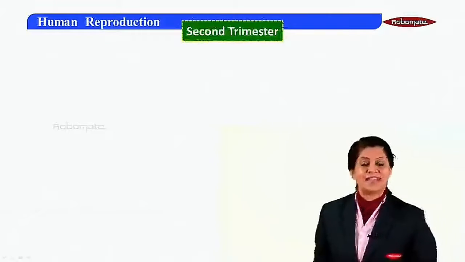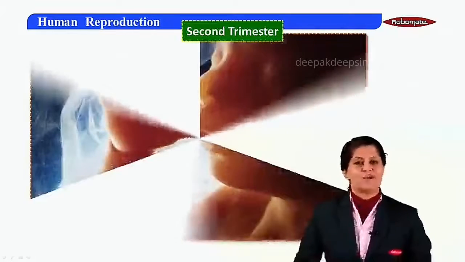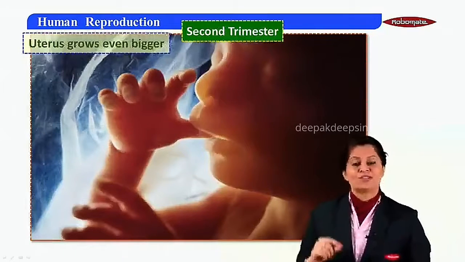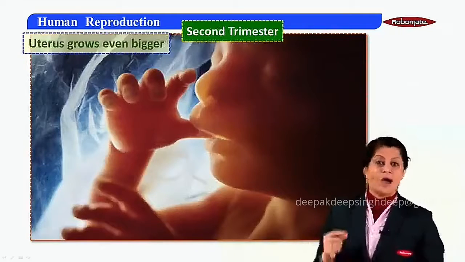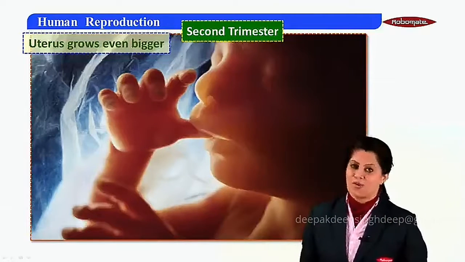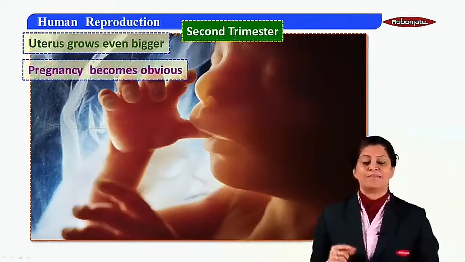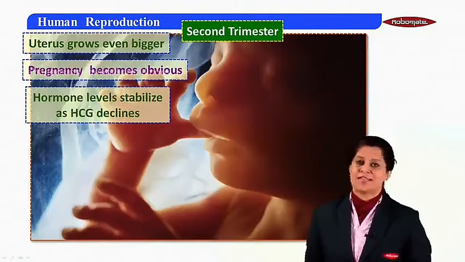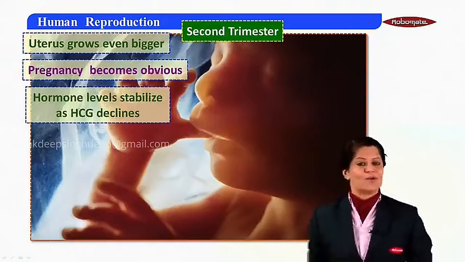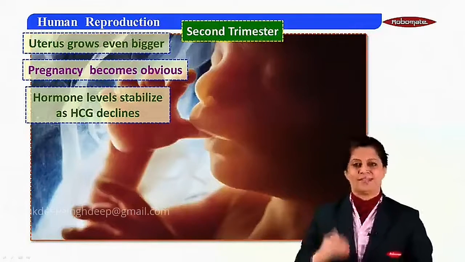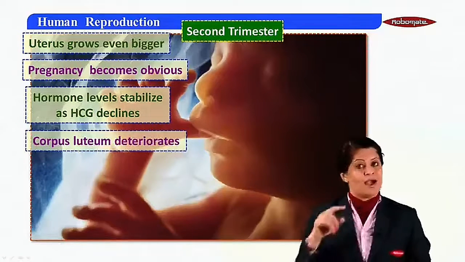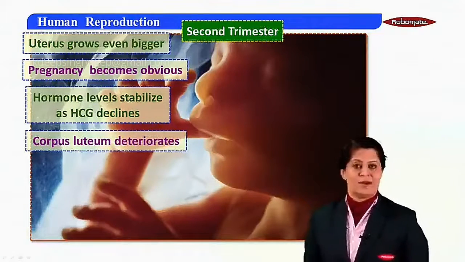Now in the second trimester, students, let's see what are the various changes in the mother first. The uterus grows even bigger. Now the pregnancy starts showing. Pregnancy becomes obvious. Hormone level stabilizes as HCG, human chorionic gonadotropin, starts declining now. The corpus luteum deteriorates. And why is the corpus luteum deteriorating now?